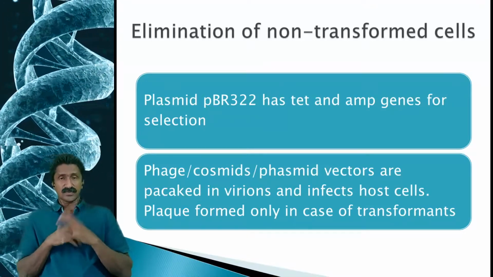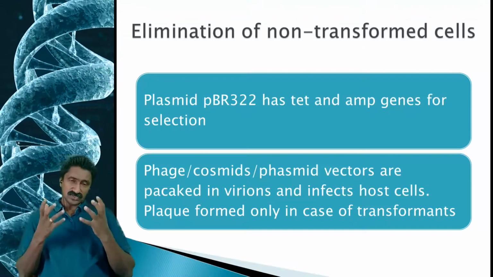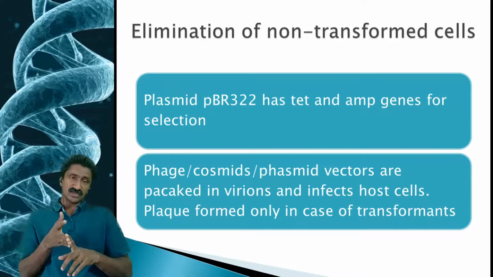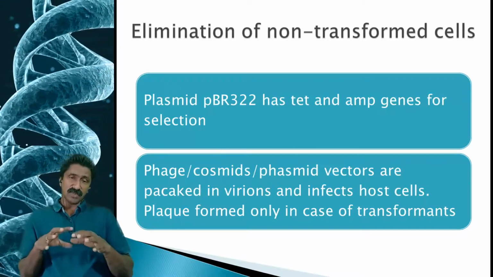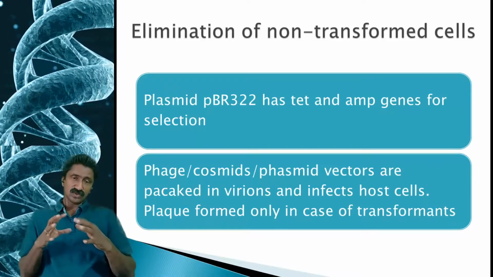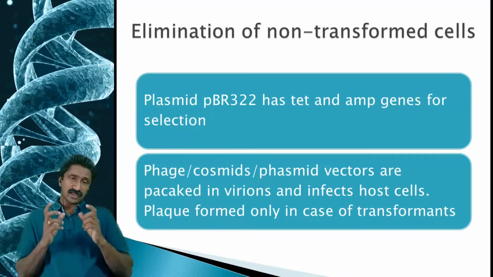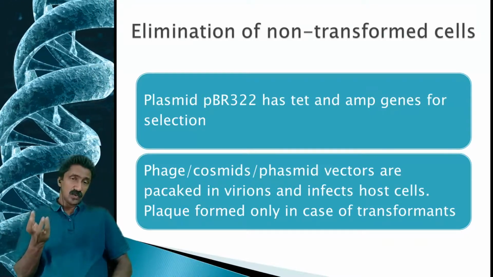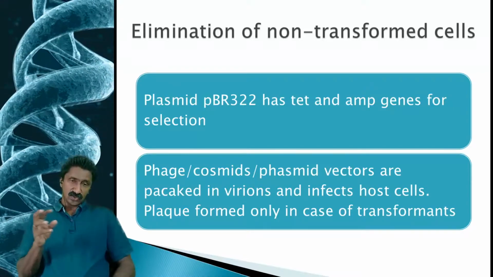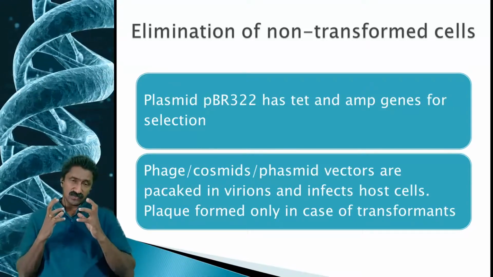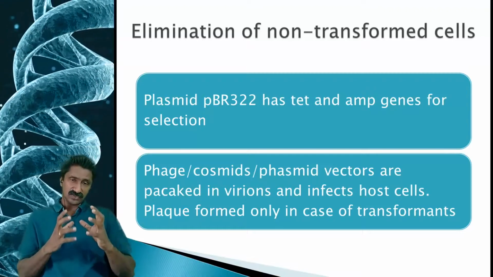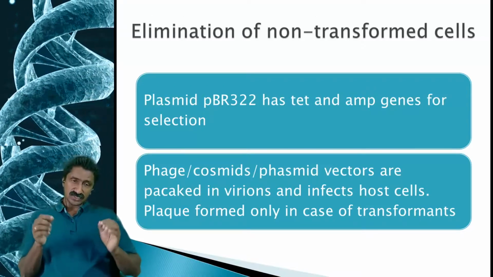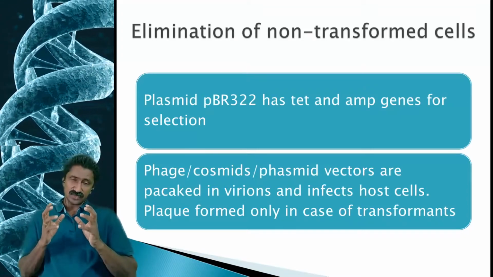Another type of selectable marker or selection process is that phages or cosmids or phagemids, these vectors are packed in virions or phage heads, and that will be used for infecting the host cells. So a host cell, once infected with such a recombinant vector, is infected by an infective particle.